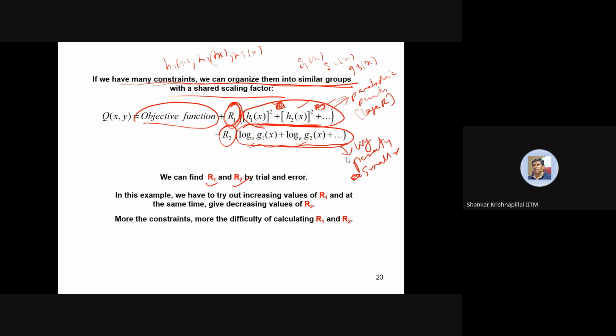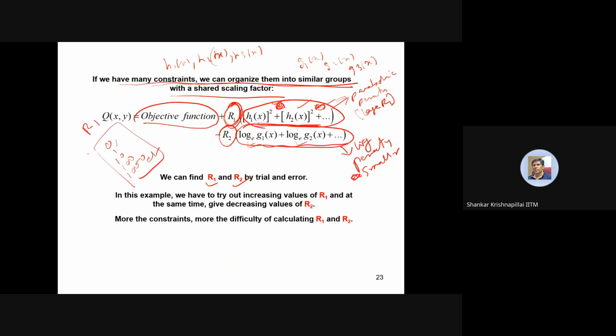So what you have to do is that you have to simultaneously give different values of R1 and R2. Okay, for R1 you have to give values like 0, 1, 10, 100, 1000, etc. This is R1.